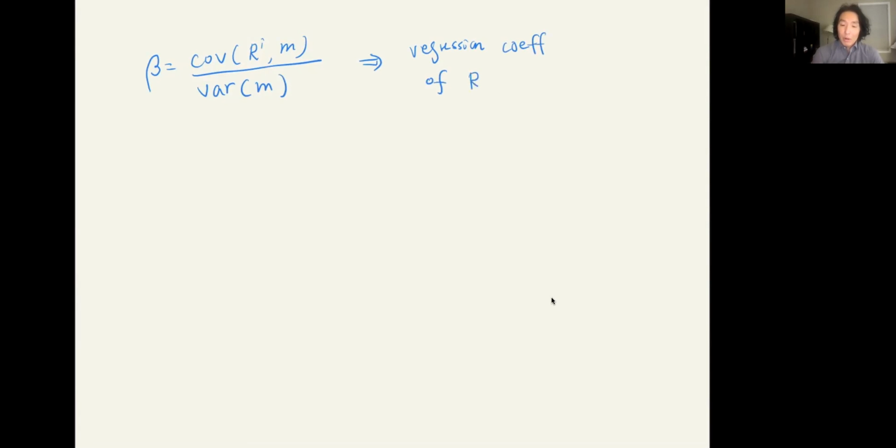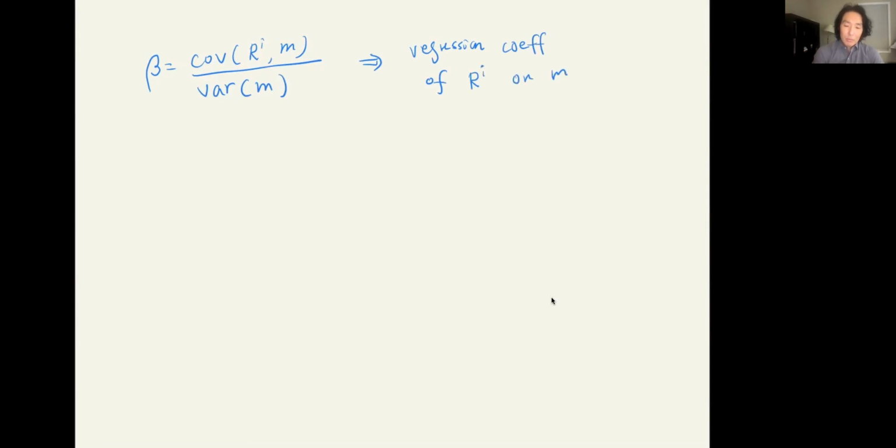Beta is the covariance of the return with the stochastic discount factor divided by the variance of m. This means that beta is the regression coefficient of regression of the return on m.